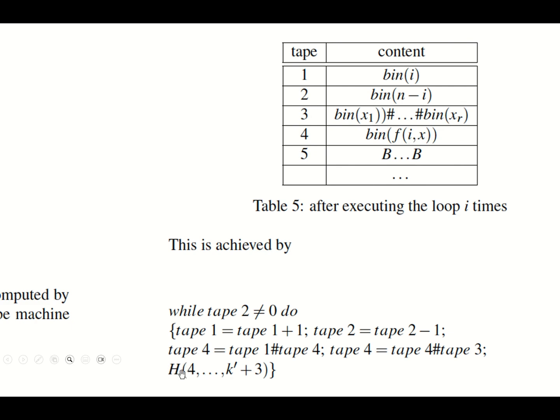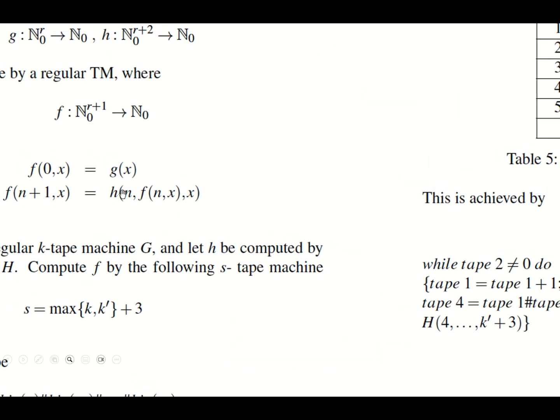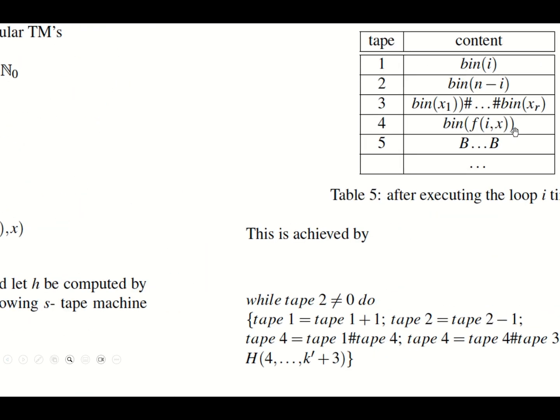Then I compute h, which is computable by a Turing machine, so I apply h to this, and this exactly will give me f1x. I repeat this for f2x, f3x, all the way until this is completely 0.